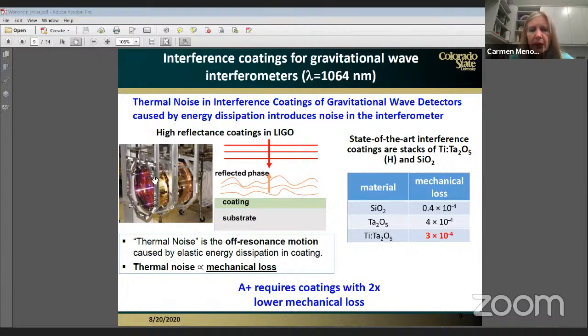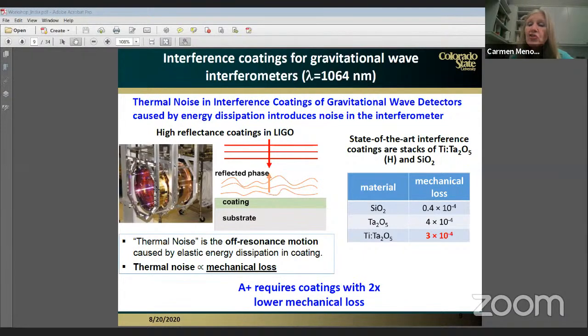Now, the main issue in these interferometers is that they are designed to detect gravitational waves. Gravitational waves have an extremely small intensity, and as a result, your instrument has to be very sensitive. Every time a gravitational wave hits the interferometer, it changes the relative length of the arms of the interferometer.